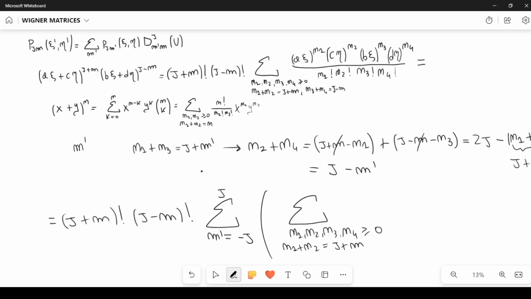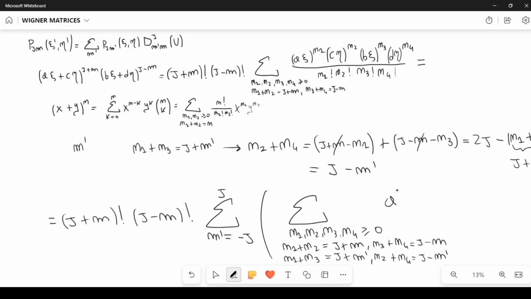Then we have also fixed another condition, which is n1 plus n3 equal to j plus m prime. And then I have another condition, n3 plus n4 equal to j minus m, which is exactly this one. And we have n2 plus n4 equal to j minus m prime.